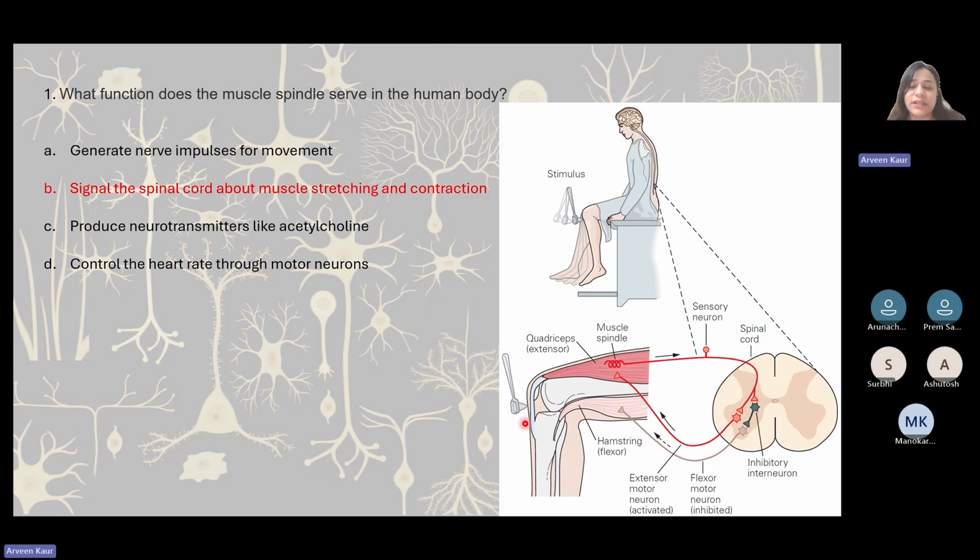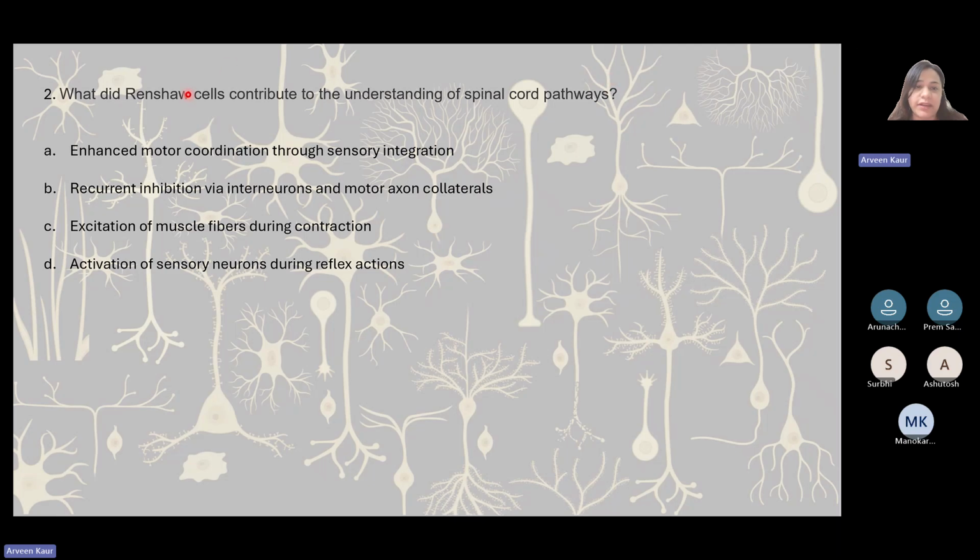So if there is a stimulus at the knee, this particular muscle spindle will take this signal to the spinal cord, and the spinal cord will finally decide whether this muscle should be contracted and this one flexed, so that the knee jerk reflex can be achieved or not. So that is the primary goal of the muscle spindle over here, and in general also.